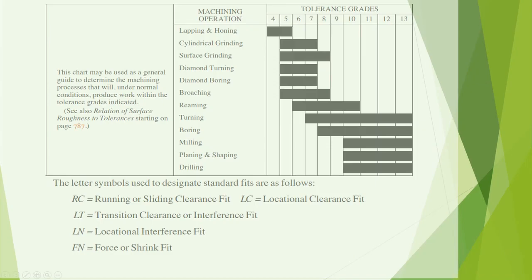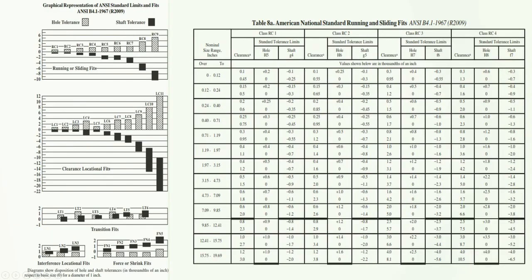As we go down from the higher tolerance grade, the tolerance goes tighter, and on the downside you can see the black squares or rectangles are for the shaft tolerance, and then the clearance locational fits and the transition fits.